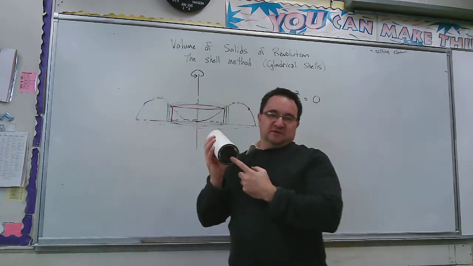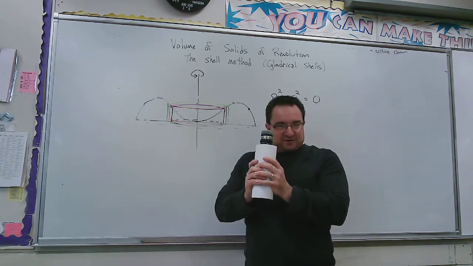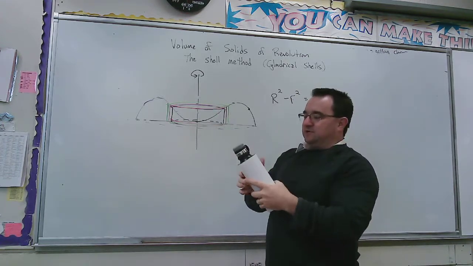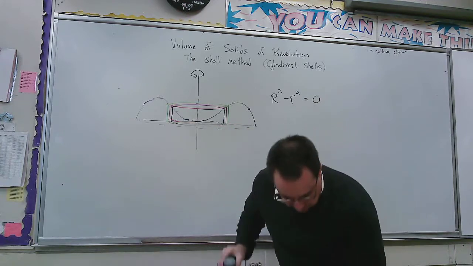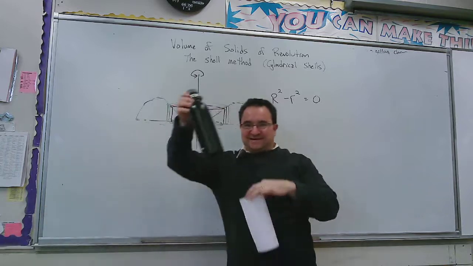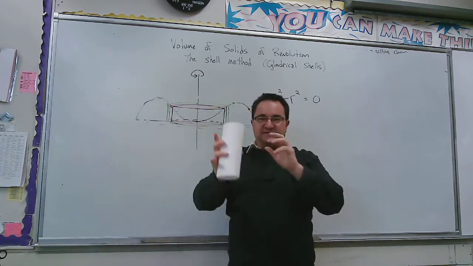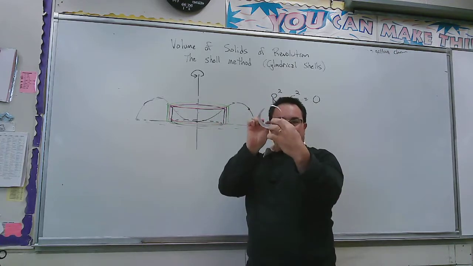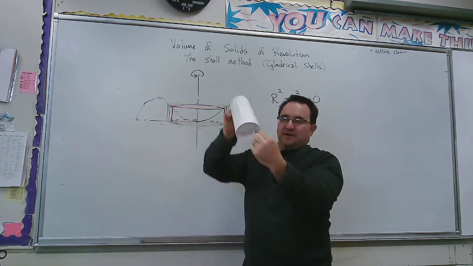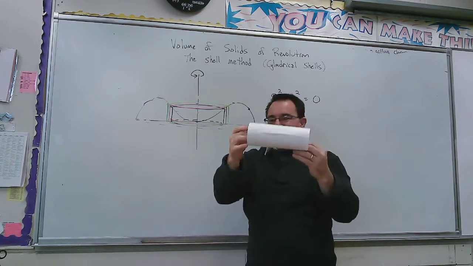So this is a cylindrical thermos, right? I'm not talking about a cylinder that is solid. I am talking about a cylindrical shell, right? This is a cylinder. It is solid. This is a cylindrical shell. It is empty on the inside. This still has a volume, right? This has much less.